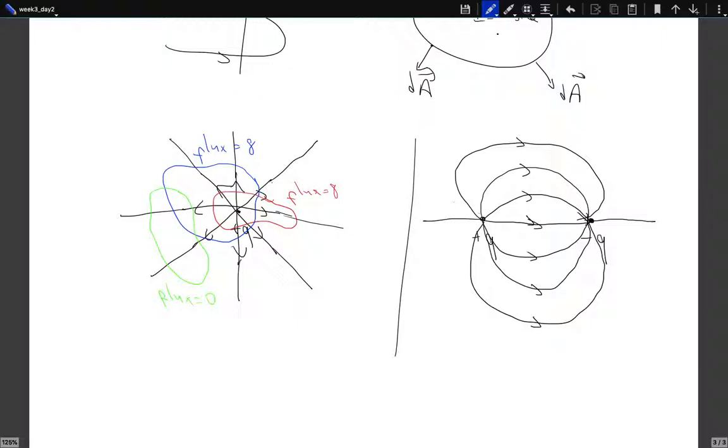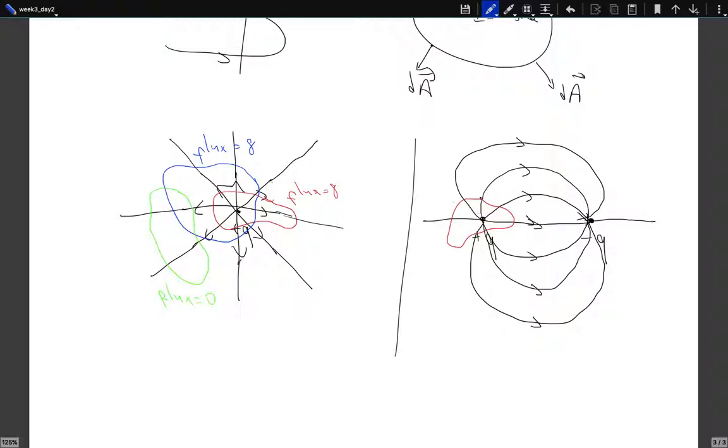Well, let's look at the other case. For this area, what is the flux? Well, let's see. From this plus Q charge, there are 1, 2, 3, 4, 5, 6, 7, 8 lines starting from the plus Q charge.